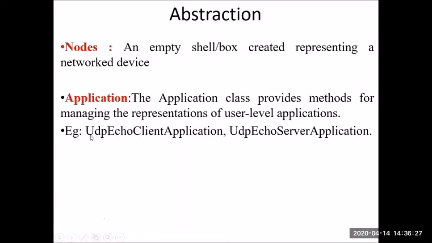Just notice this: UdpEchoClientApplication. UDP, U starts with capital. Echo is attached to UDP, E starts with capital. Client, C starts with capital, and so on. So this is known as camel casing and this is used in NS3. Please remember this. Unless you write this correctly, the NS3 namespace will not recognize a class or module. Okay.